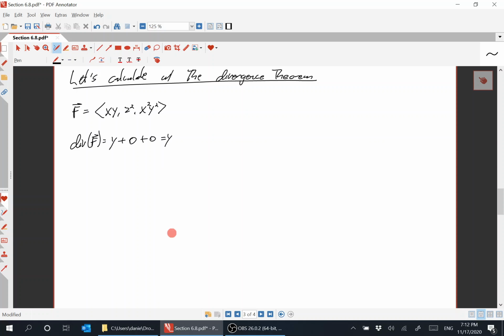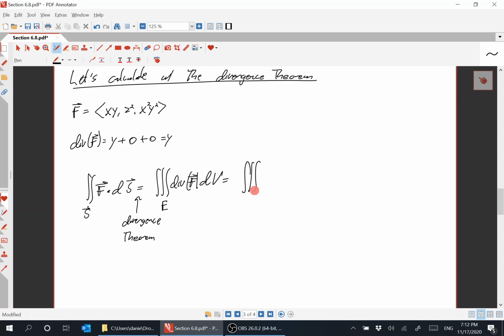Right? So the vector flux across the surface, which is the cube, of F dot dS is equal, by the divergence theorem, to the triple integral over E inside the cube of the divergence of F dV.